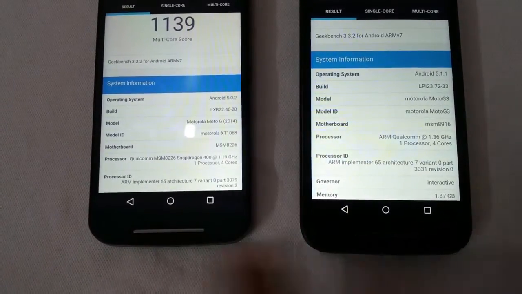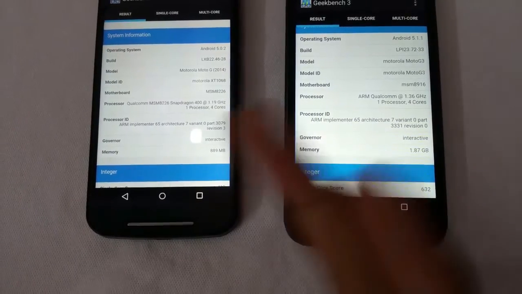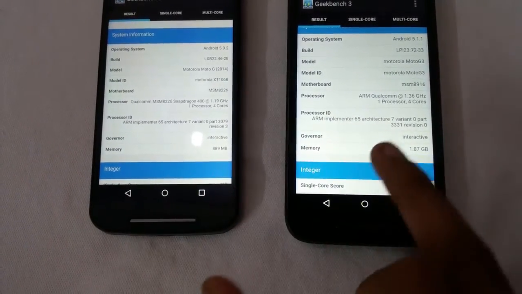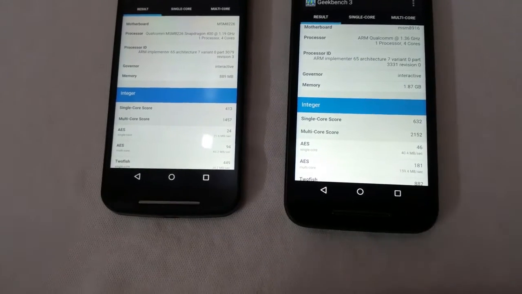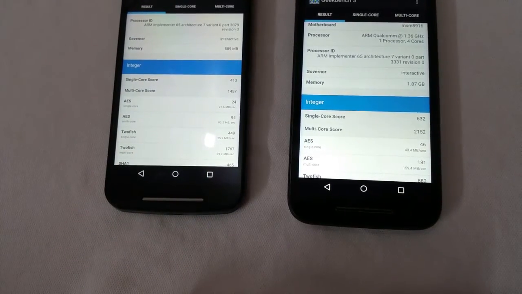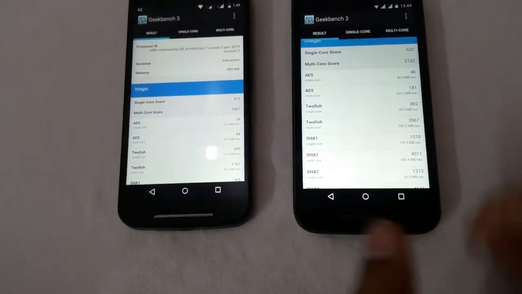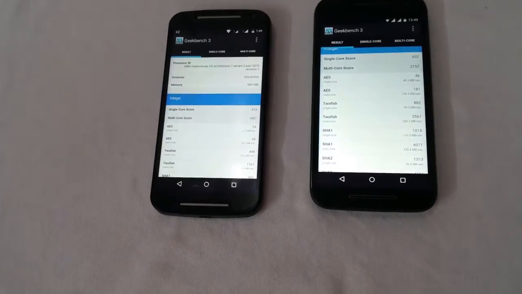One processor, four cores. This one also has a 65 architecture and 7 variant. Single-core score is 413, 632. Multi-core score is 2152, 1457. I would say that in both benchmarks, the Moto G third generation did a good job.